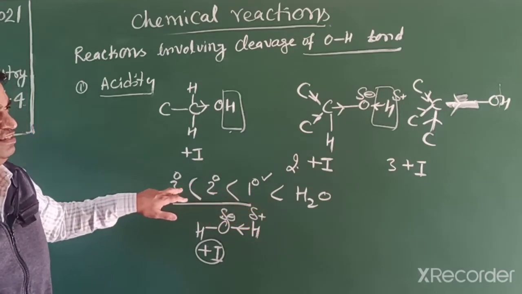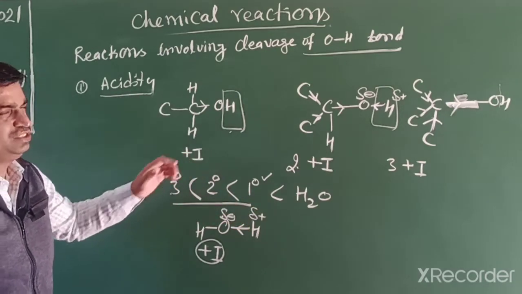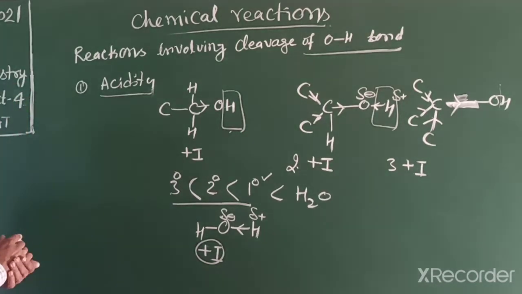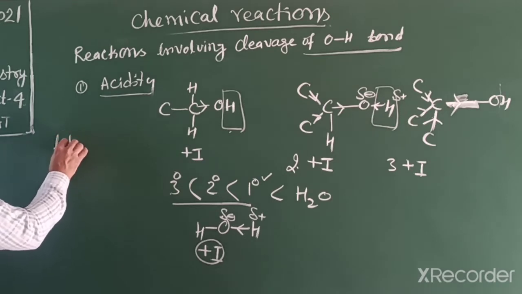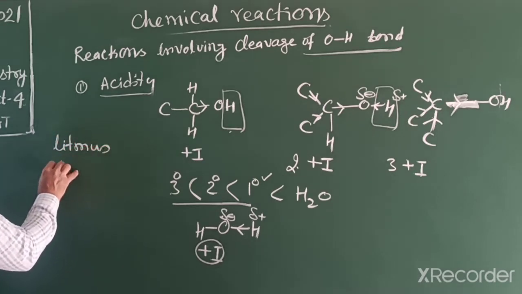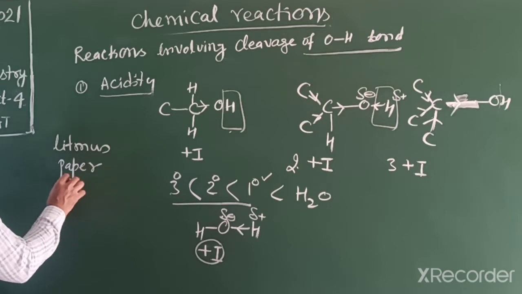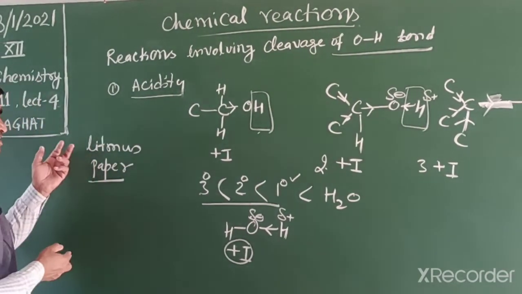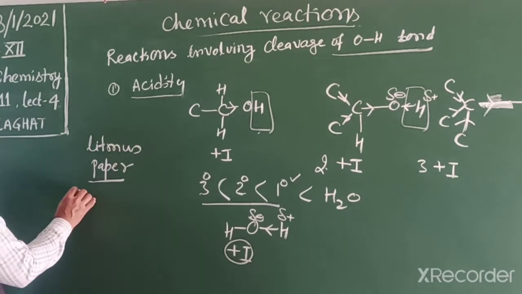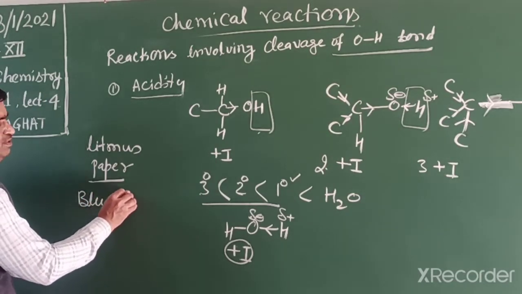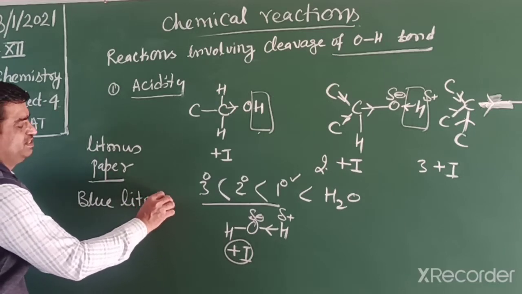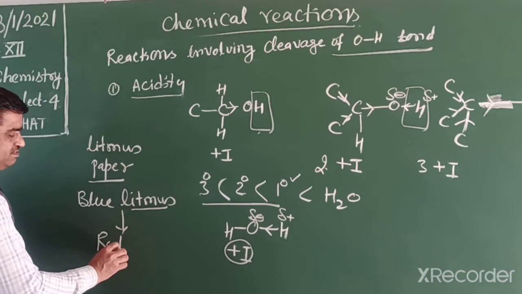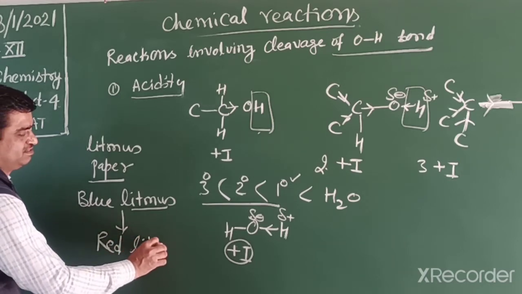Among primary, secondary and tertiary, primary is more acidic, then secondary, then tertiary. Due to this reason, we can't identify the acidic character by litmus paper. By litmus paper, we can't check the acidic nature of alcohol. Because we know that when blue litmus is dipped in any substance and changes into red litmus, this indicates the substance is an acid.